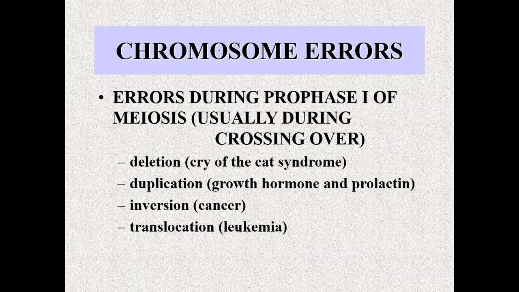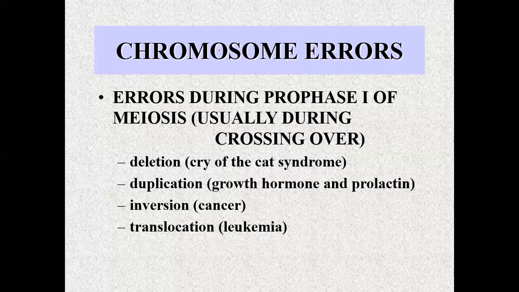Now, if you have a deletion, an example I'll give you of a deletion is called cry of the cat syndrome. Cry of the cat syndrome means that the kid, when he's born, has a larynx or a voice box that's not developed properly.